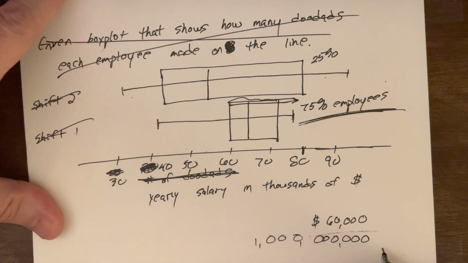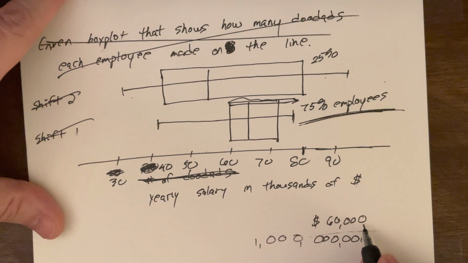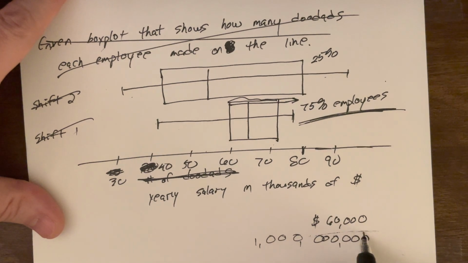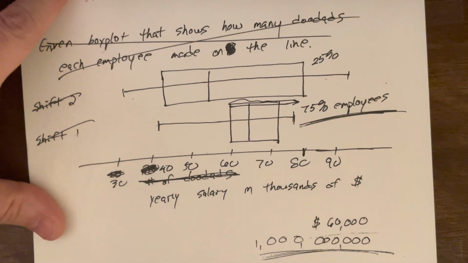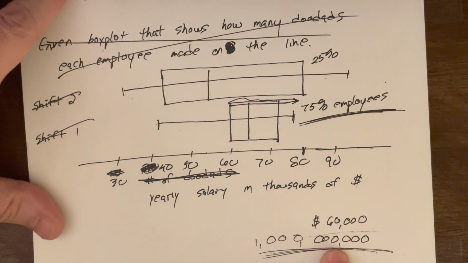That is a huge number. So when you have people making hundreds of millions or billions, and you mix them in with people making tens of thousands, that's going to really skew the mean to make it look much higher, because of these people pushing that number.